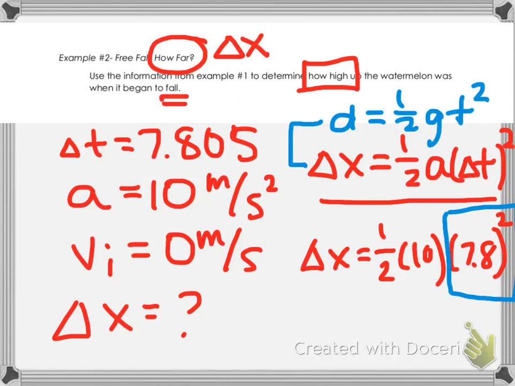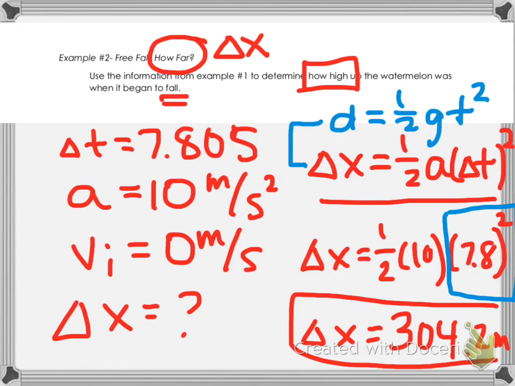So I do 7.8 squared, then times 10 times 1/2. When I plug that into my calculator, I get 304.2 meters. Please remember, delta x is how far. It's a distance or a displacement. So that means my units are only distance, and my units for distance here are meters.